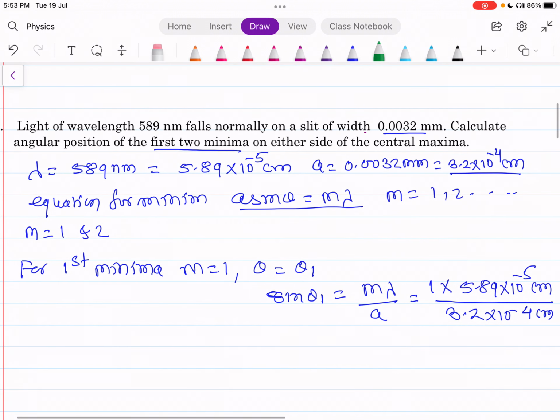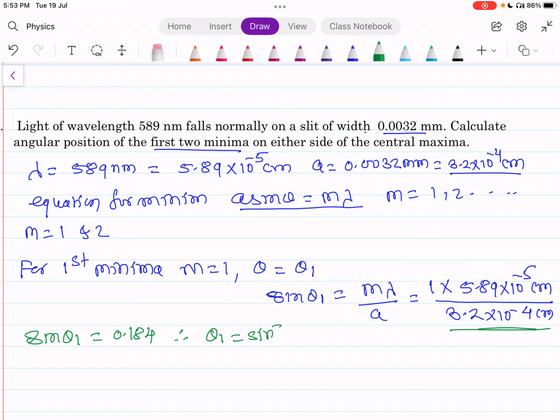And that quantity, sine theta 1, after solving this, we get 0.184. Therefore, theta 1 is equal to sine inverse of 0.184, and that is equal to 10.603 degrees.